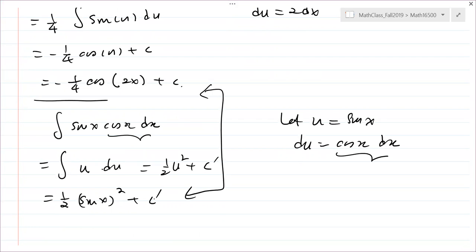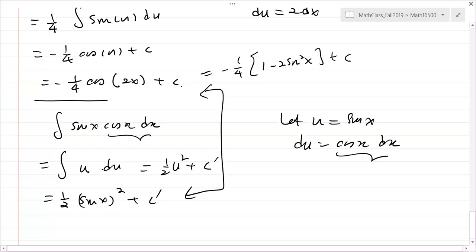They're the same because cosine 2x can be expressed as 1 minus 2 sine square x. So this one is 1 minus 2 sine square x plus c. Then you get positive 1/2 sine square x plus c minus 1/4. So this is another constant. That's why it's the same.